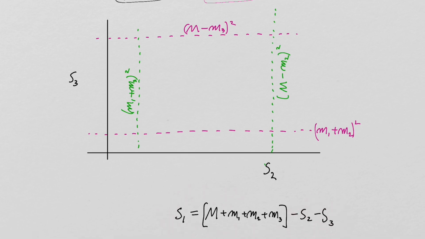So if I had some point in here, I figure out the value of S3, I figure out the value of S2. Is it inside this parameter? Check. Then I calculate S1, and now I know everything, because we assume we know the masses of the particle species we're involved with.